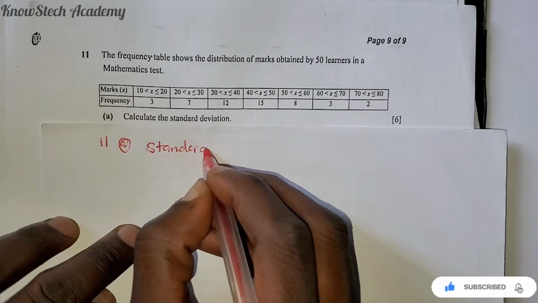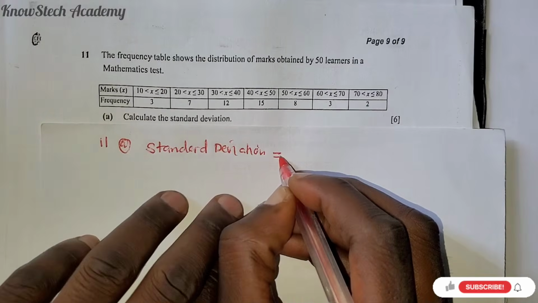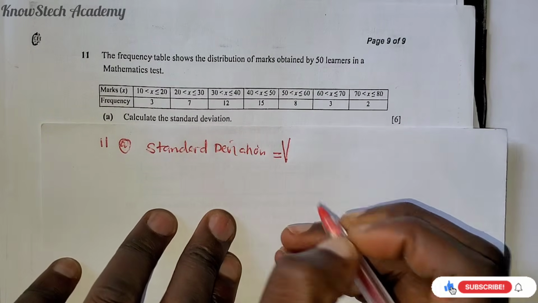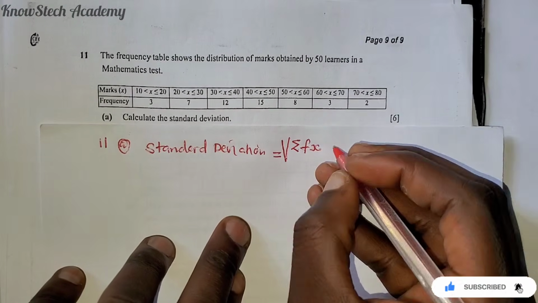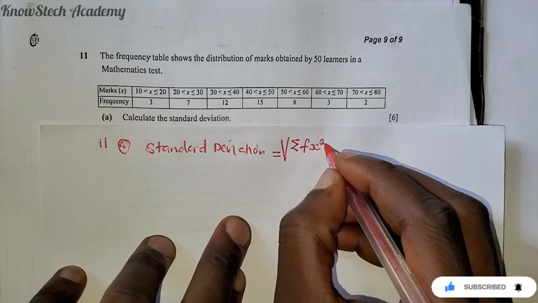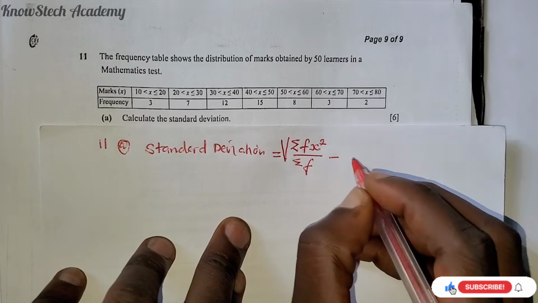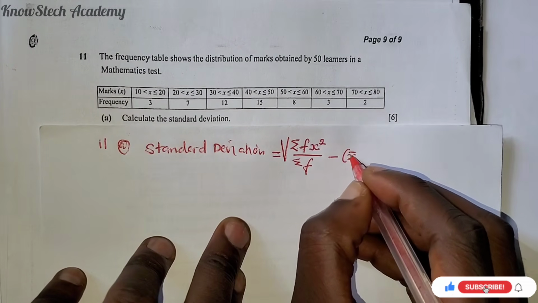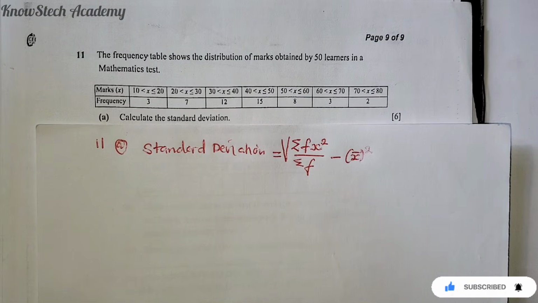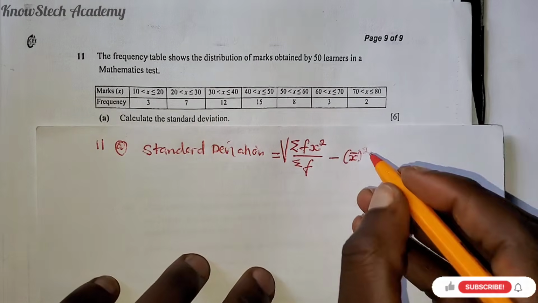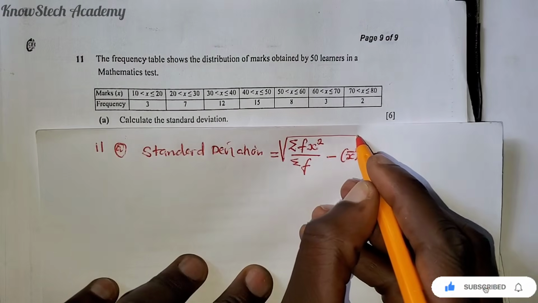Standard deviation is equal to the square root of the summation of fx squared over the summation of f, which is frequency, minus x bar, the mean, close bracket, squared. This is the square root.